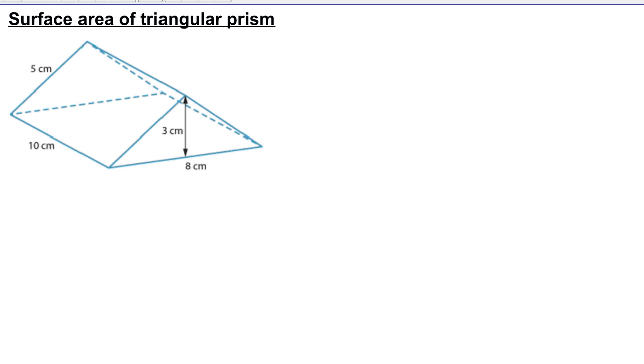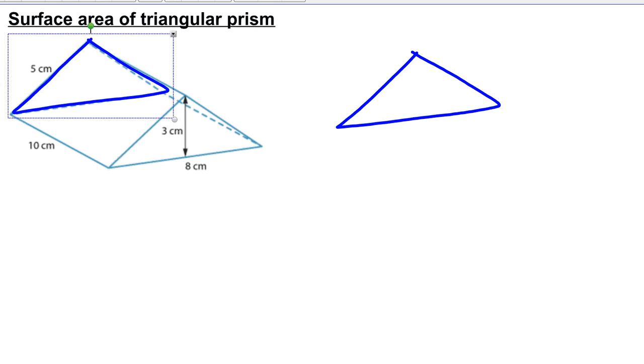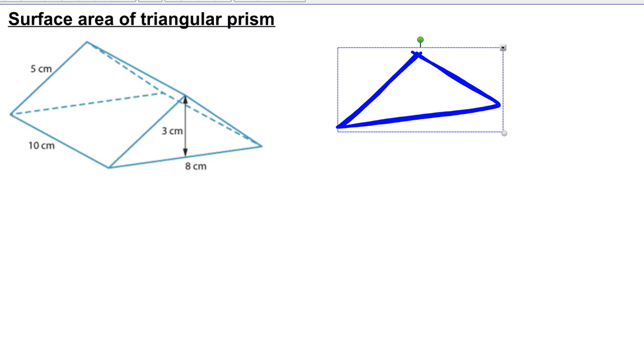Here is another example, surface area of a triangular prism. We'll work it out the same way. So we'll start with the area of triangular faces. There are two of them, and they're exactly equal. We have this face and that face, which are exactly equal, just like the previous example. So what we need to do is just find the area of one of them and then multiply by 2.